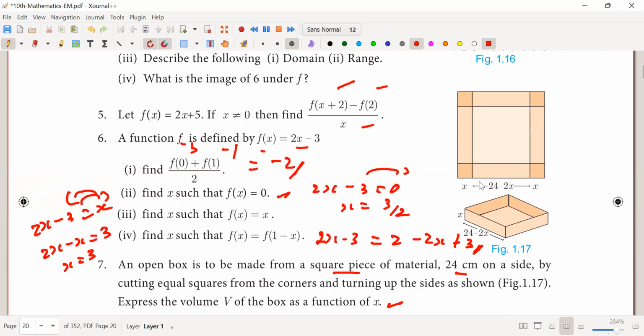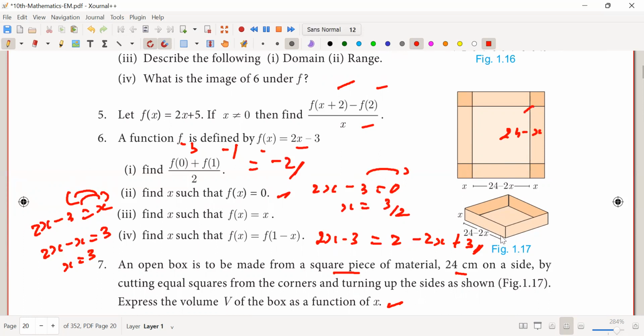This is x, this is x. So this length would be 24 minus 2x. When I close this, it will form a box. This is also 24 minus 2x, this length.